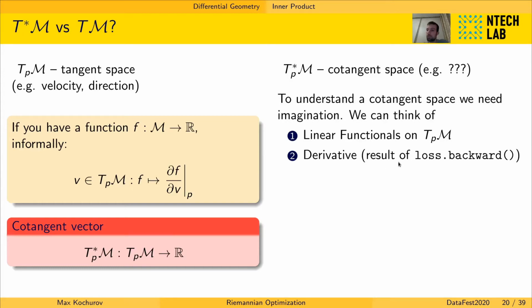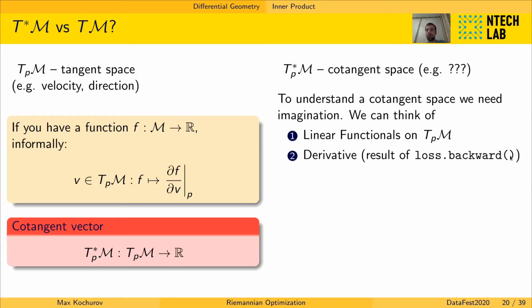Also, what you get from loss backward in TensorFlow or PyTorch is a vector from the cotangent space. It's not the tangent space. Actually, it's the cotangent space for a number of reasons. And things happen, and we conflate these two spaces and think that what we get from loss backward is already the most promising direction where our function changes in the fastest way, but actually not.